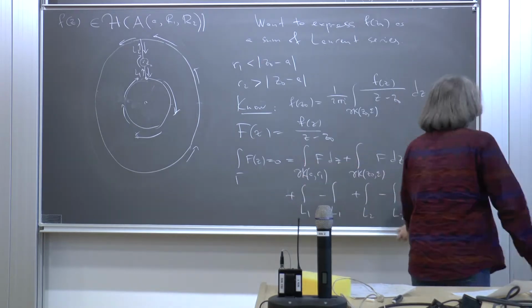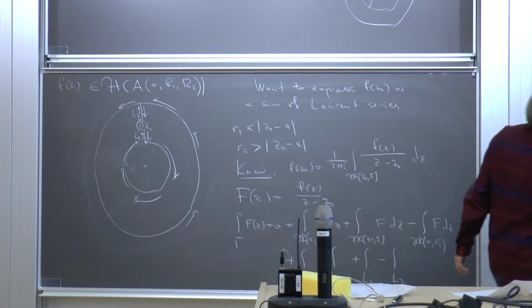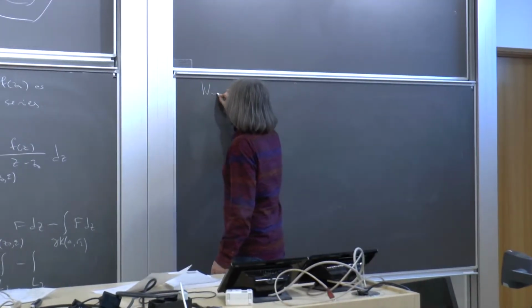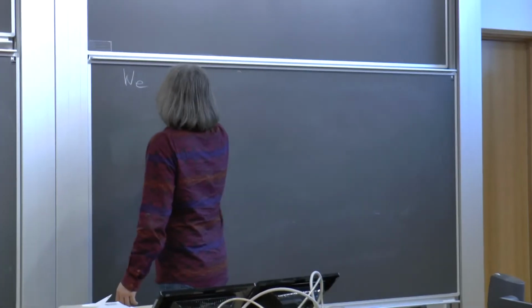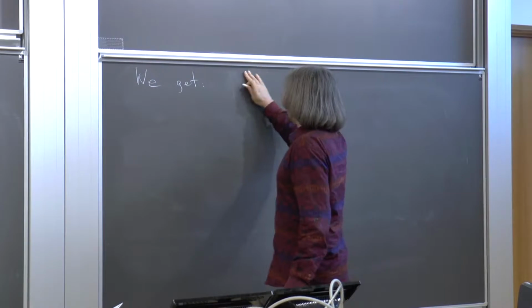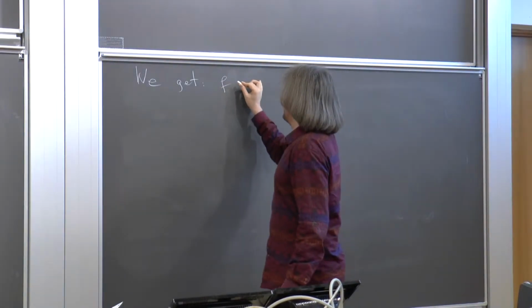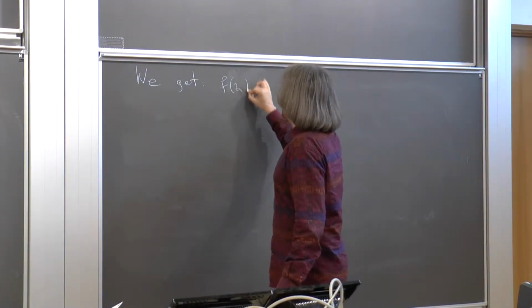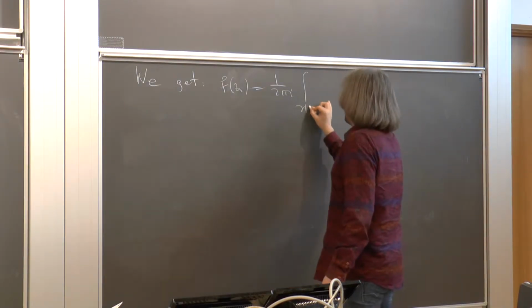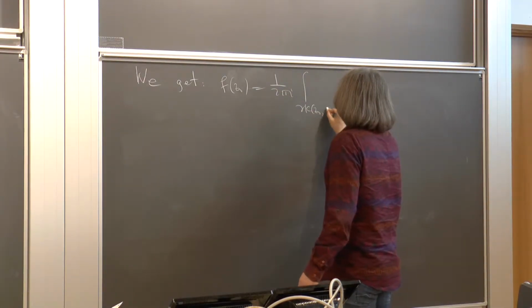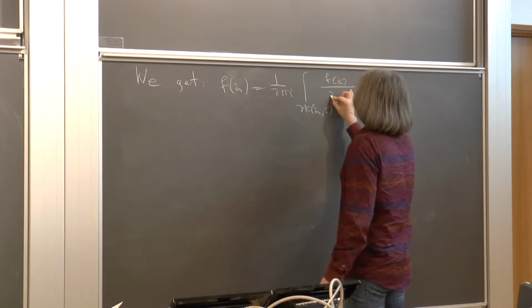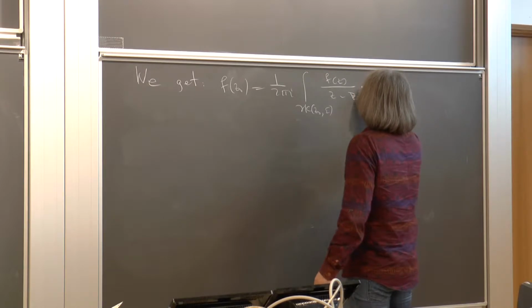So let me rewrite this. This calculation shows we get f of z naught, which is 1 over 2 pi i times the integral over the epsilon circle around z naught of f of z over z minus z naught dz.